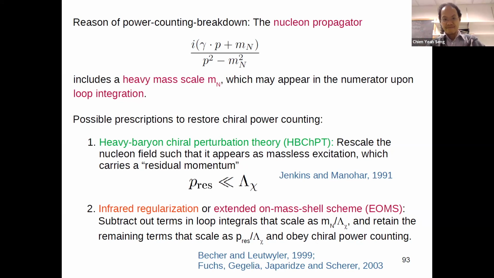Therefore, you can adopt a subtraction scheme to subtract away these extra terms and retain only the terms that behave well in the chiral power counting. So these are different ways to restore power counting in the presence of the nucleon or heavy baryon.